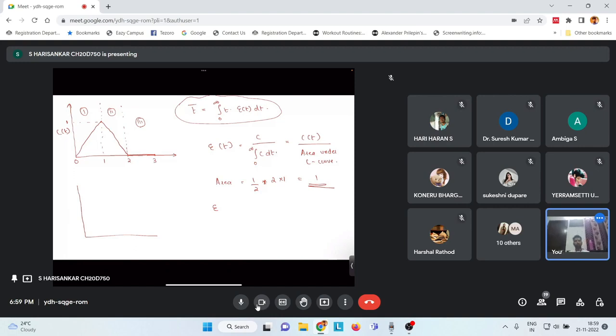So now what this essentially means is E of T will be equal to C of T by 1, and that is C of T. In other words, the E curve will be pretty much the same as the C curve because the area under the curve is 1. So our E curve will also be like this.